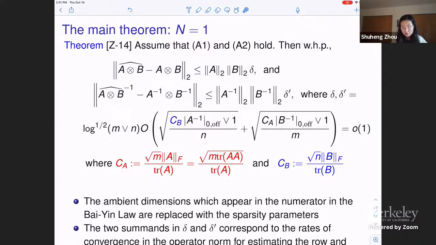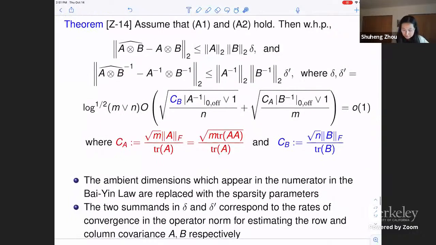So this is saying if you want to estimate the whole matrix Kronecker product, you get the sum of these two terms, one corresponding to the estimation error of A, and one corresponding to the estimation error of B, and you sum them up. That is the error for estimating the whole Kronecker product.